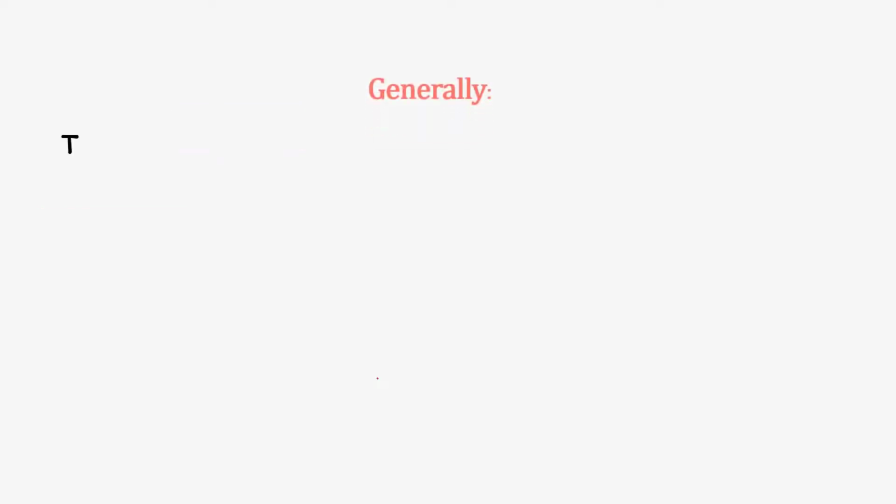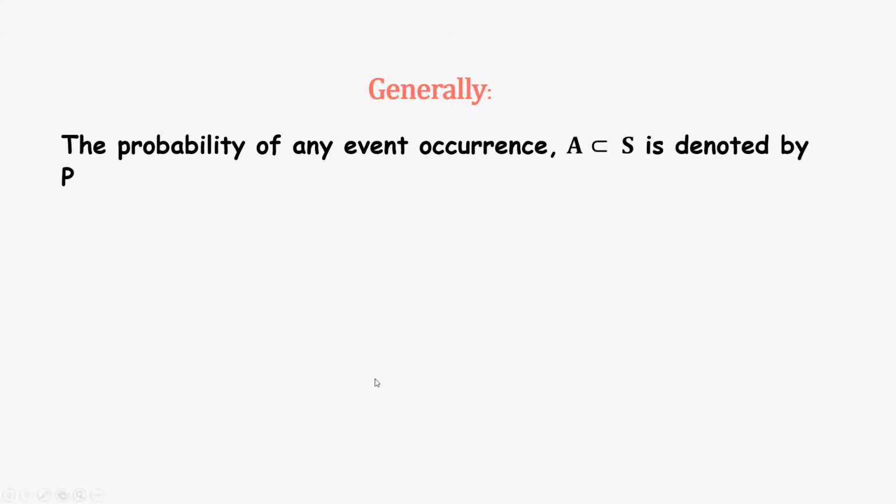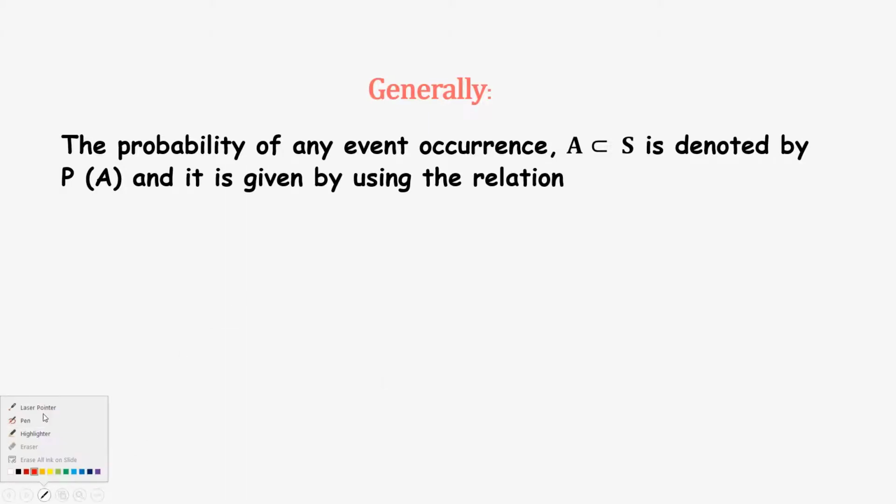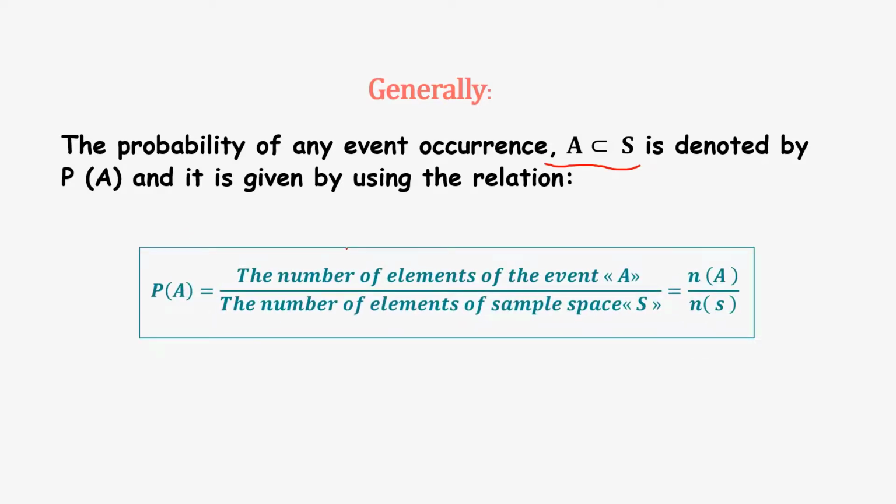Generally, the probability of any event occurrence A, a subset of S, is denoted by P(A), and it is given by the relation: P(A) equals, in the numerator, the number of elements of the event, and in the denominator, the number of elements of the sample space.